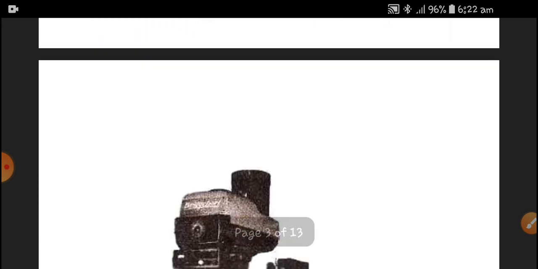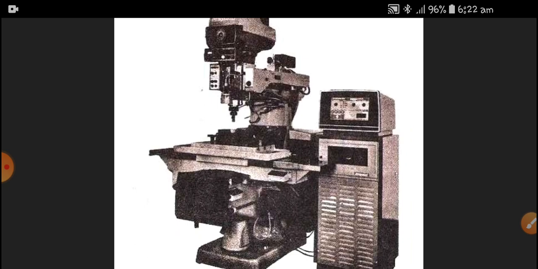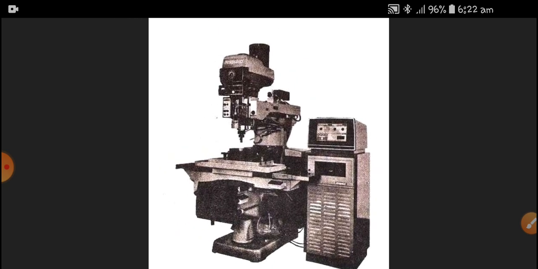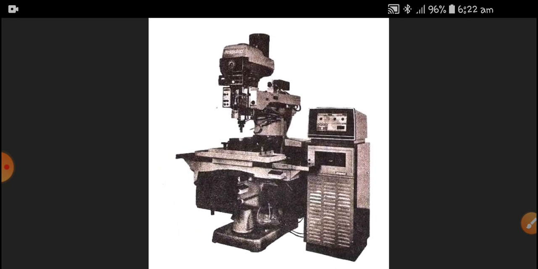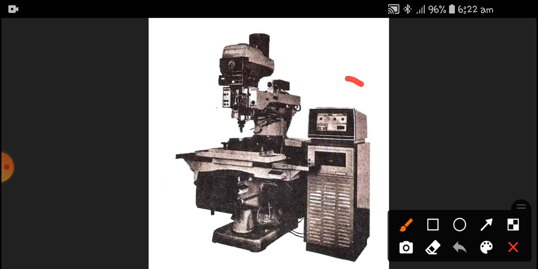Whereas the next machine is an NC machine. Here NC means numerical control machine. Therefore, some of the processes are automated, or NC means semi-automatic. So here we have a control unit and a card reader.